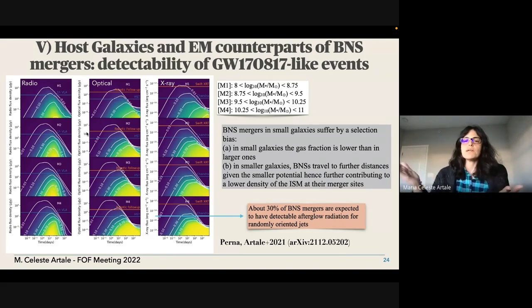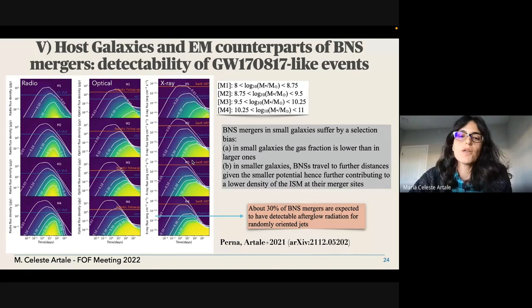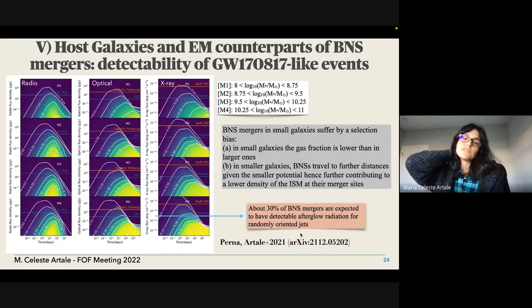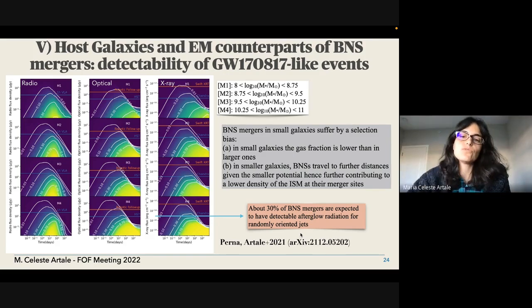Of course, if the merger is in the outskirts of the galaxy, we expect much lower afterglows that are much more difficult to detect here on Earth. I just summarize, because we don't have much time, but the result she found was that about 30% of binary neutron star mergers are expected to have detectable afterglow radiation when we adopt a randomly oriented jet for our short gamma ray bursts.